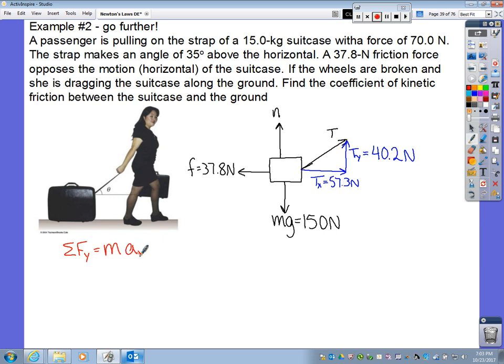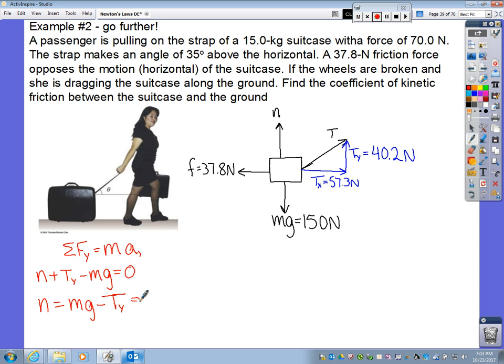We've got three forces, normal force, Ty, and mg. Normal plus Ty, those are both up, minus mg, that's down, equals 0, since the acceleration in the vertical direction is 0. So the normal is equal to mg minus Ty.